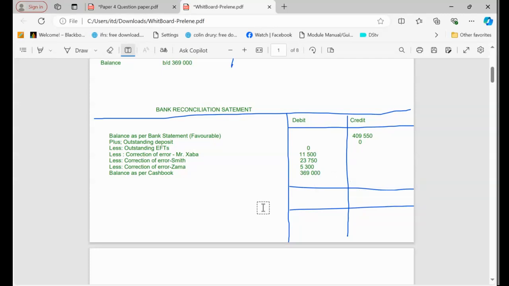How much is the debit side? 40,550. It can't be 40, man. Is it the same as the credit? Remember, you must add everything here. I'm adding it.